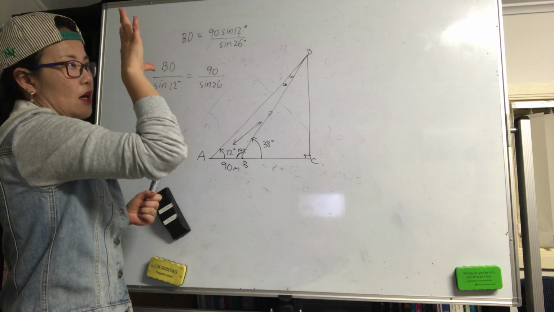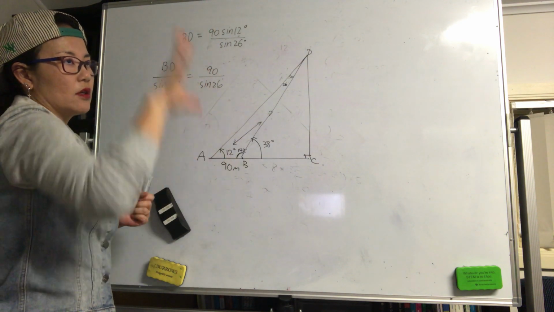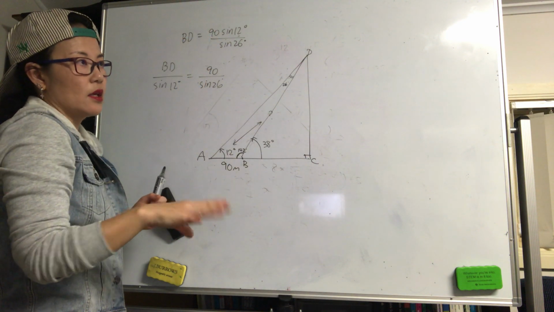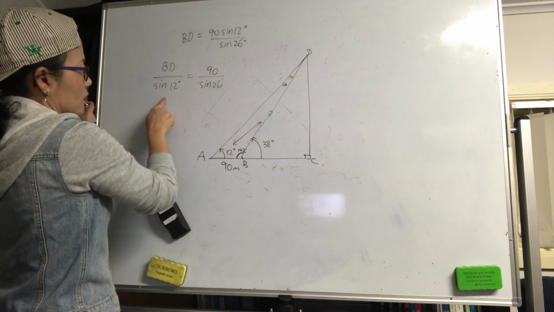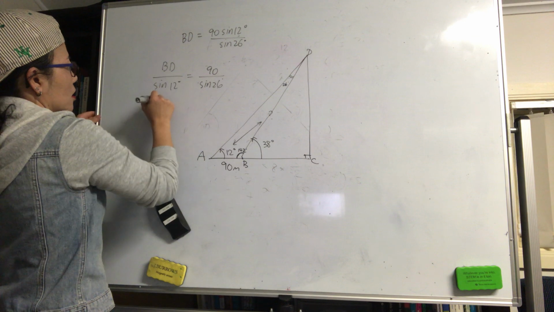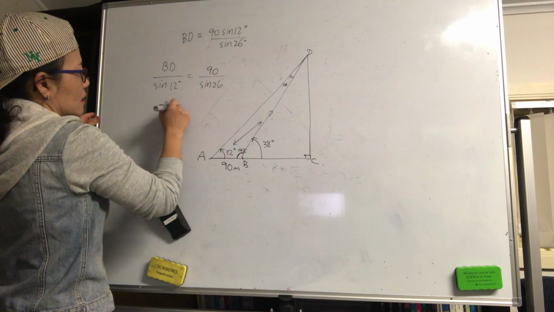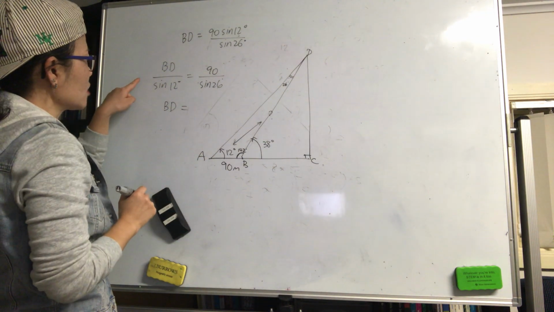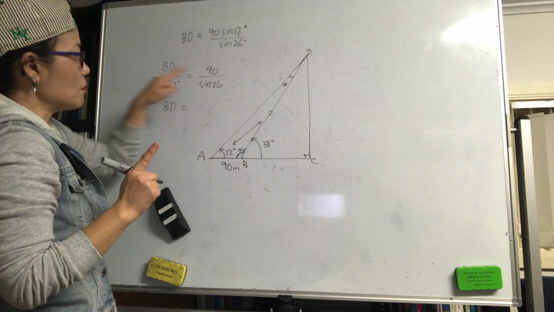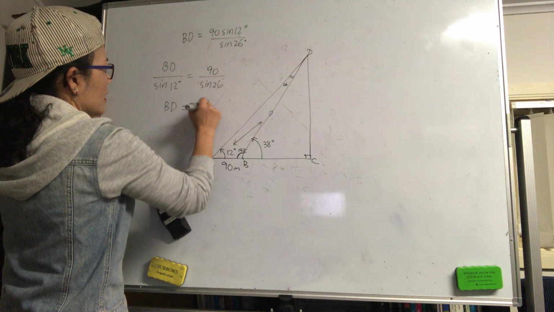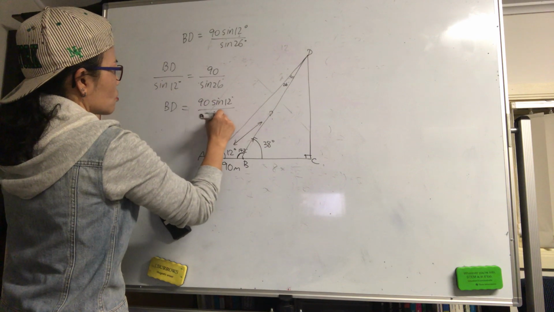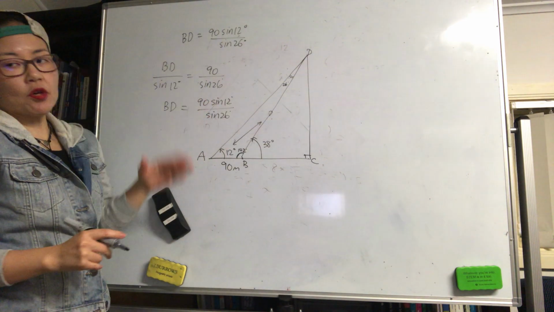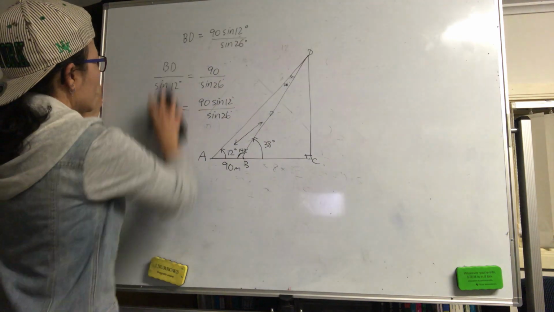If it's a side angle, it has to be side angle on the next one. If it's angle side, angle side. So we went with side angle, side angle. Now, I want to make BD the subject by itself, so I'm going to times by sine 12 on both sides. So what I'm going to get is sine 12 and sine 26 as required. Okay, that's the same. Excellent.